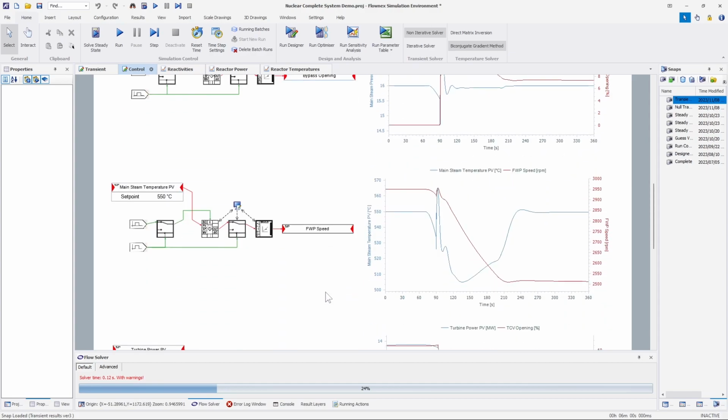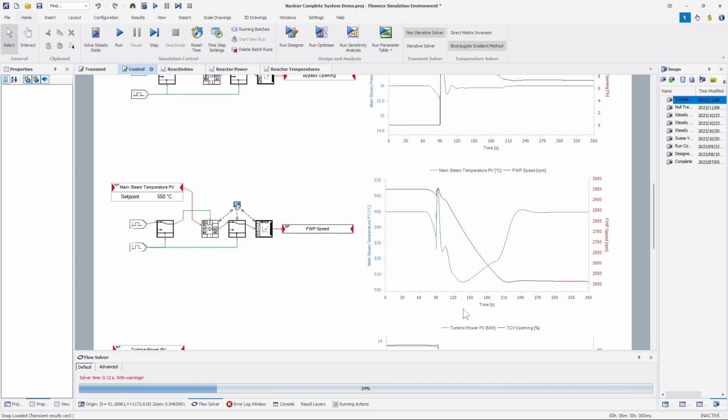Looking at the main steam temperature graph, we can see that after 70 seconds, the steam temperature started to decrease due to a decrease in helium flow through the steam generator. After 90 seconds, we see a steep increase followed by a decrease in steam temperature.